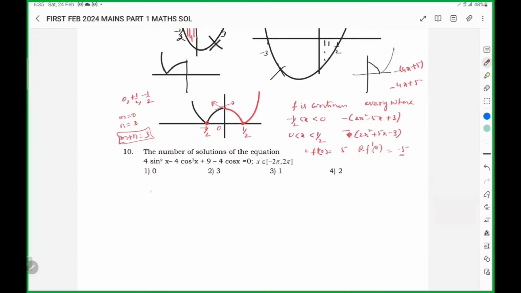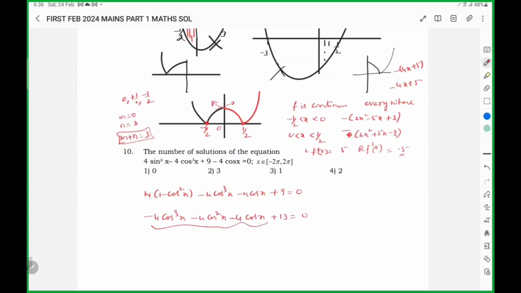Here it is the number of solutions. Sin square x I can write as, minus 4 cos cube x minus 4 cos x plus 9 is equal to 0. Minus 4 cos cube x minus 4 cos square x minus 4 cos x plus 13 equals 0.